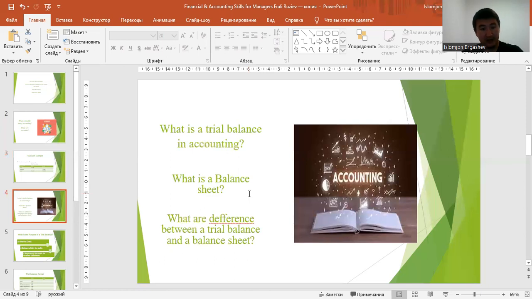Okay, and what is the trial balance in accounting? Trial balances are used to prepare the balance sheet and other financial statements, and are important documents for auditors. A trial balance is done to check that the debit and credit column totals on the general ledger accounts match each other, which helps spot any accounting errors.